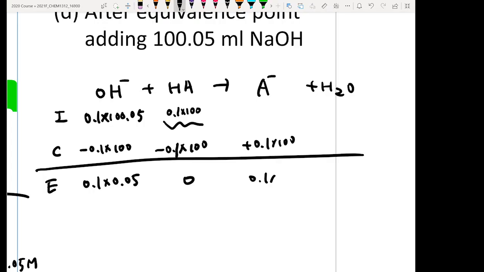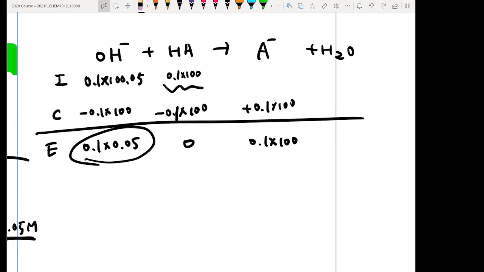So right now you are going to have OH minus and A minus coexisting inside your solution. OH minus will be the species that determines your pH, because this is a strong base. So we want to calculate the OH minus concentration.